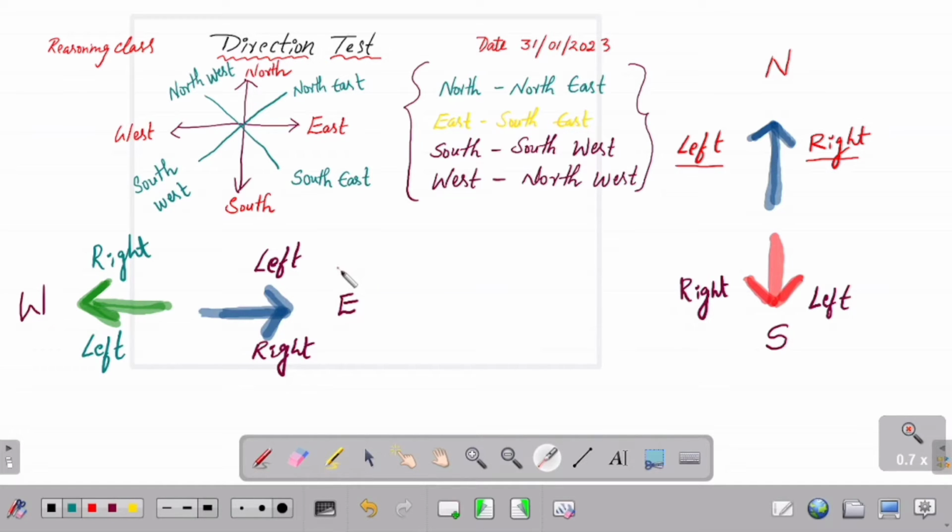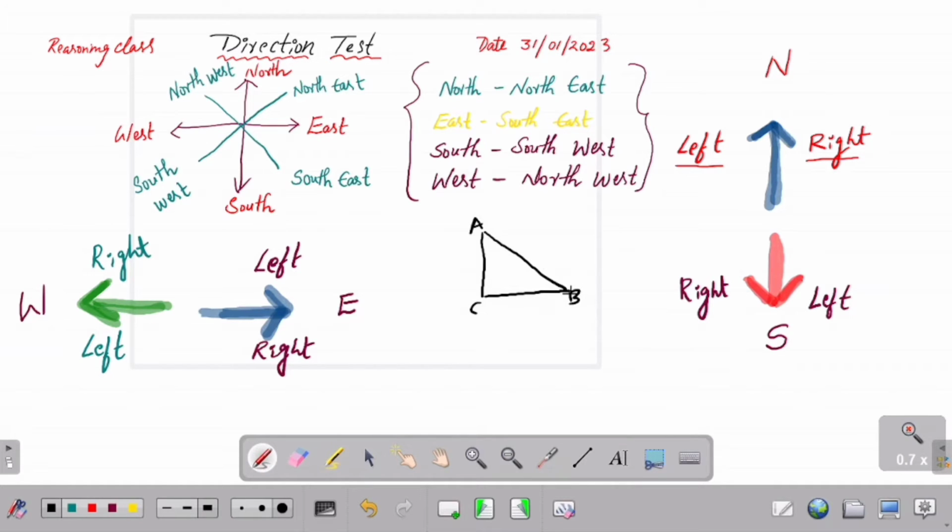Along with this, one more thing you should know, and it is very simple. You know the Pythagoras theorem, right? What does the Pythagoras theorem say? For suppose this is a right angle triangle ABC.